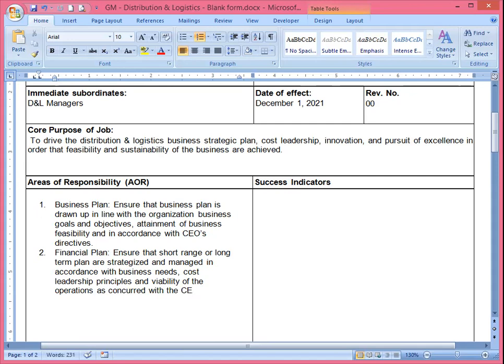Again, he's the boss of this position, so always concurring with the CEO's approval.